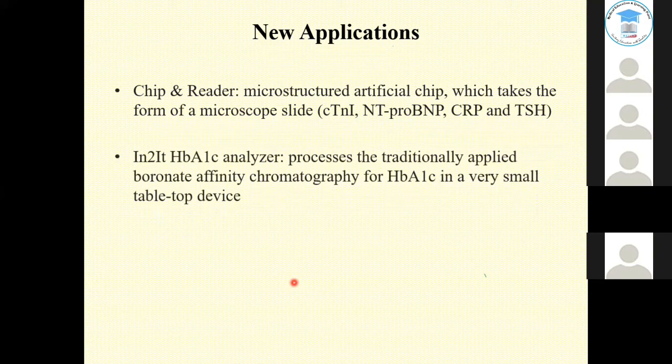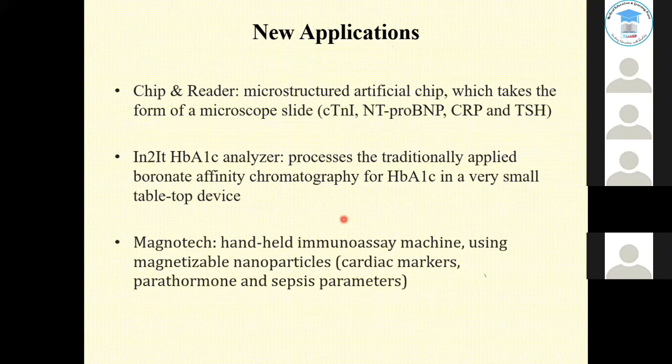HbA1c analyzer, where HbA1c can be processed in a very small tabletop device instead of the very traditionally used boronate affinity chromatography. Then handheld immunoassay machines using nanoparticles for cardiac markers, parathormone, and sepsis parameters.